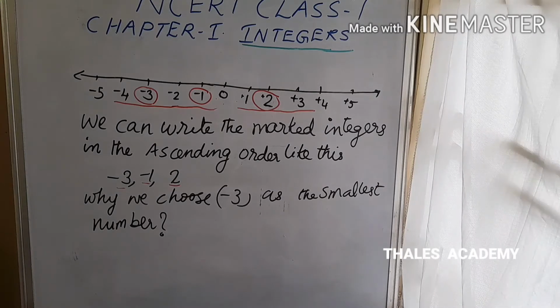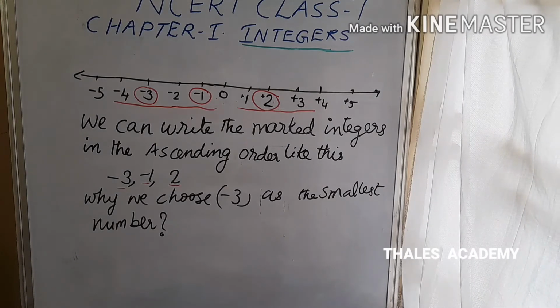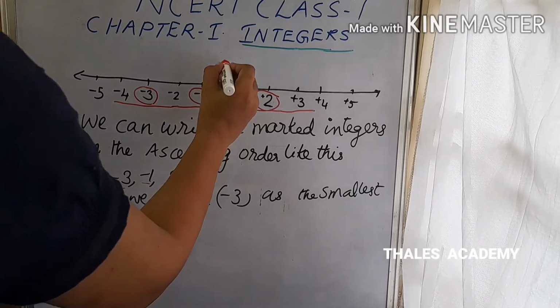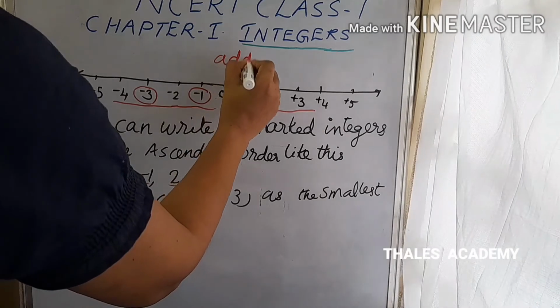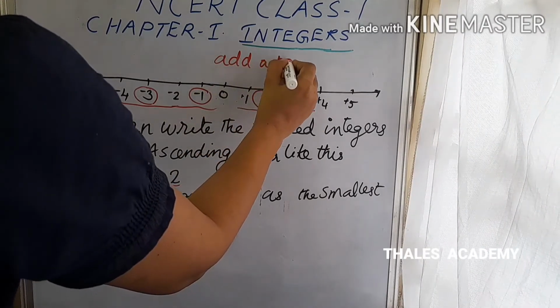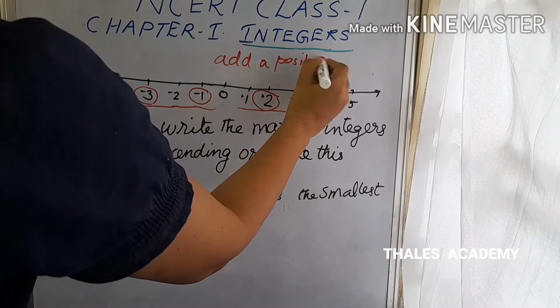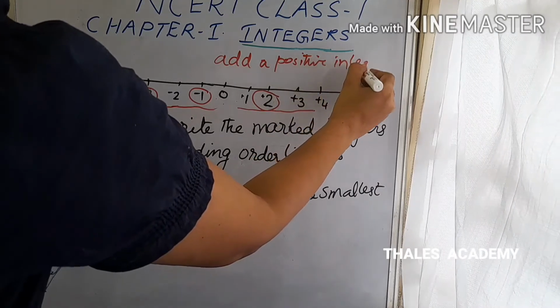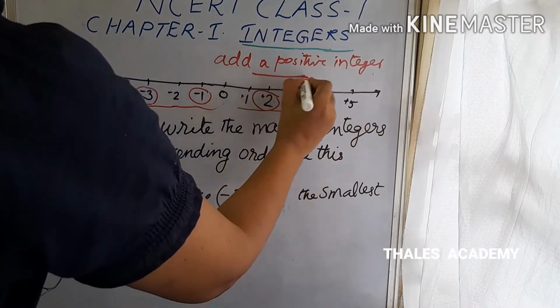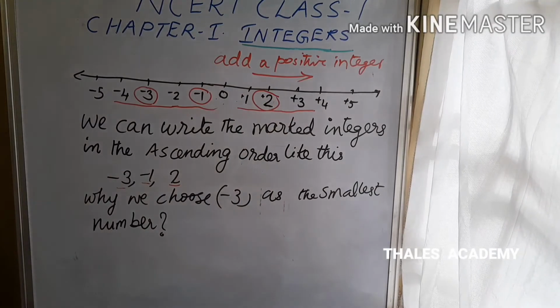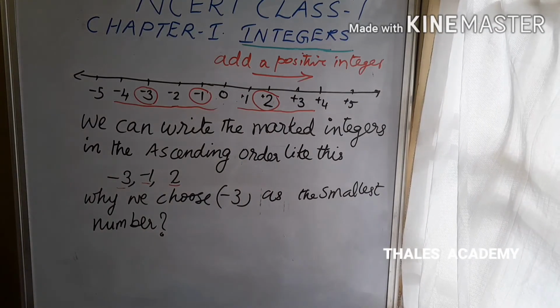Here are some statements regarding the number line. If we add a positive integer, we move to the right. If we add a negative integer, we move to the left.